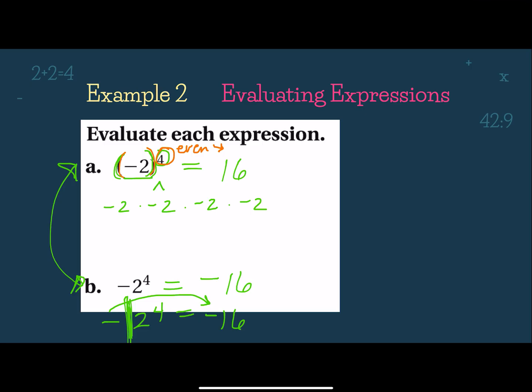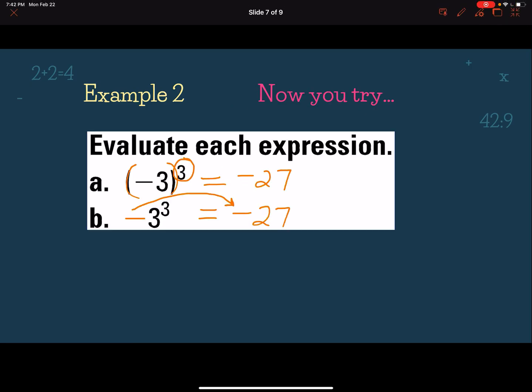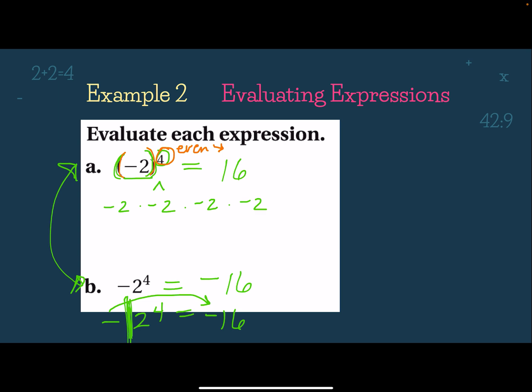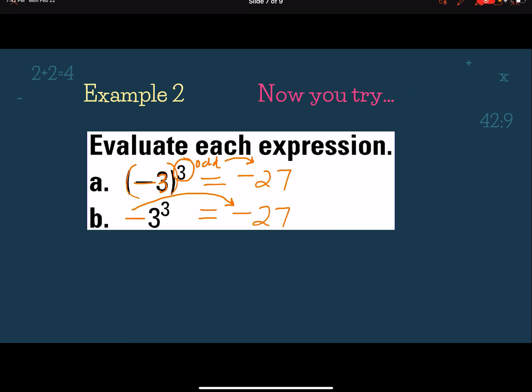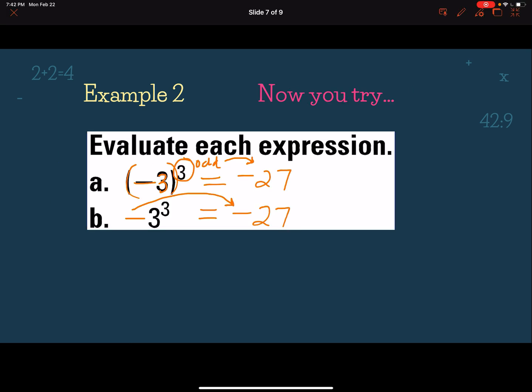When we have, in this example, a negative inside parentheses, and our exponent is odd, we end up with a negative number. So look at the difference there. That's just a tip that helps you. You have a calculator though, so you may not need to rely on that.